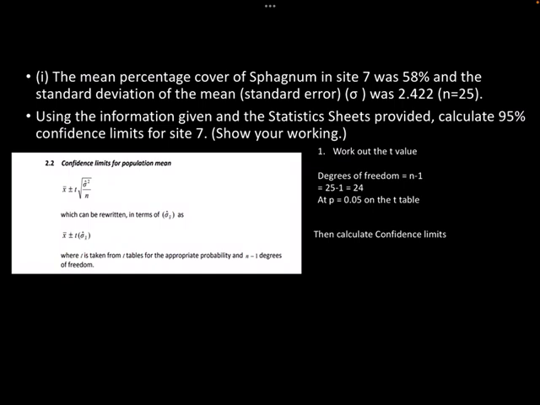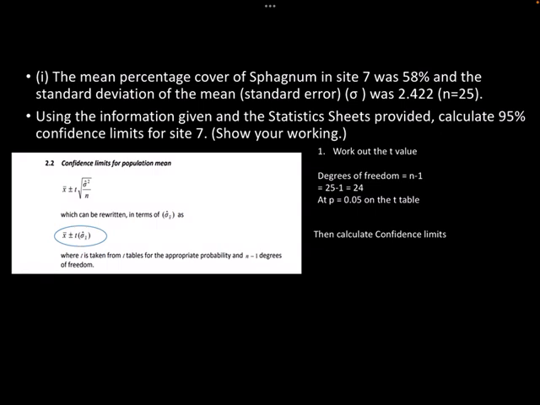So here you can see in the statistics sheet, we have our confidence limits for the population mean. And because we have been given the standard error, or the standard deviation about the mean, we can use the bottom one in this calculation. The first thing we need to do is know what our t-value is. So to find the t-value, we need to work out our degrees of freedom, and the degrees of freedom is n minus 1.